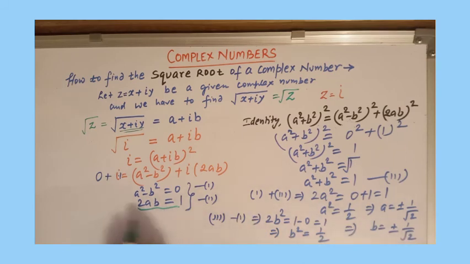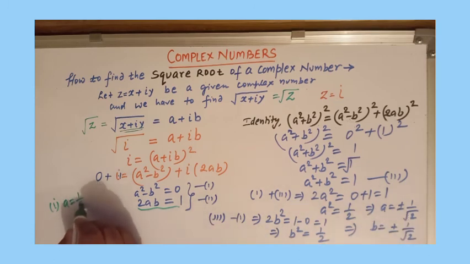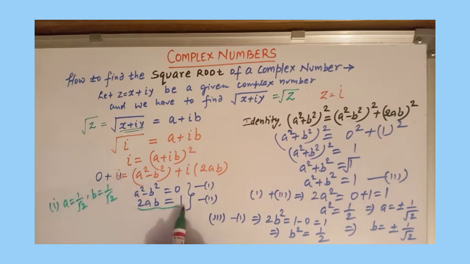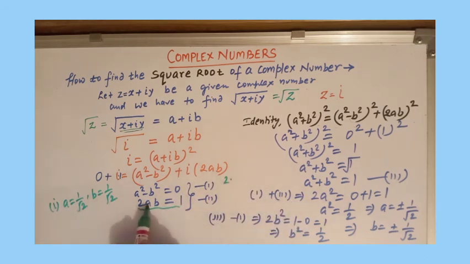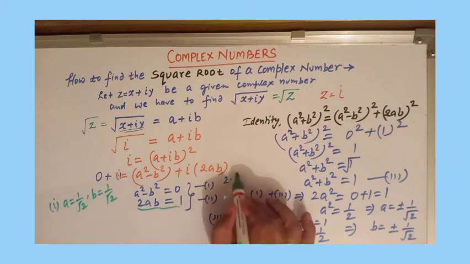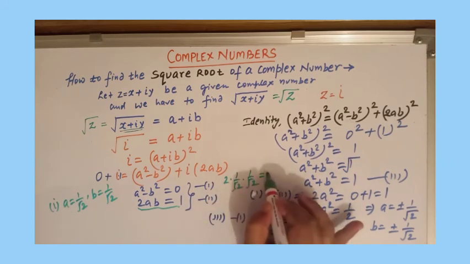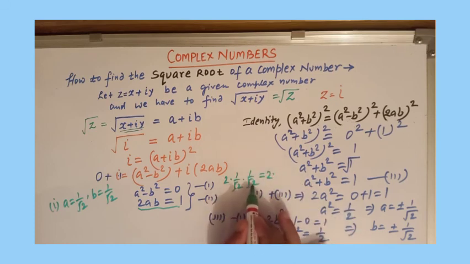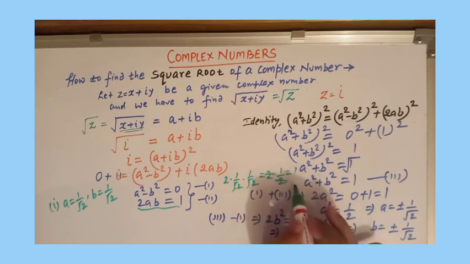So for the first pair of values, if we take a is equal to 1 over square root of 2 and b is equal to 1 over square root of 2, then this equation is satisfied. Why? Because 2 times 1 over square root of 2 multiplied by 1 over square root of 2 is 2 times 1 over 2, and this is equal to 1.